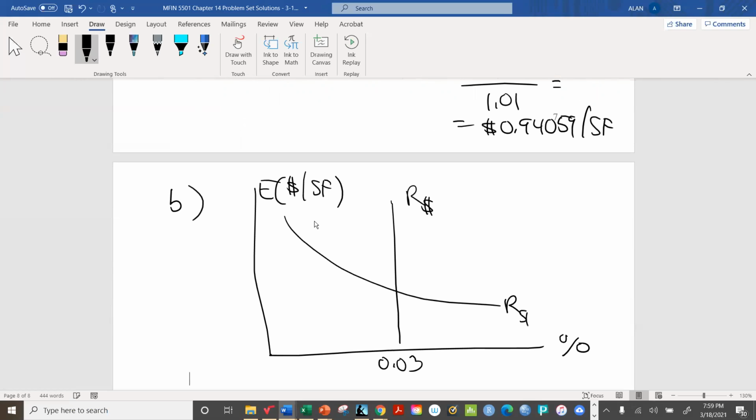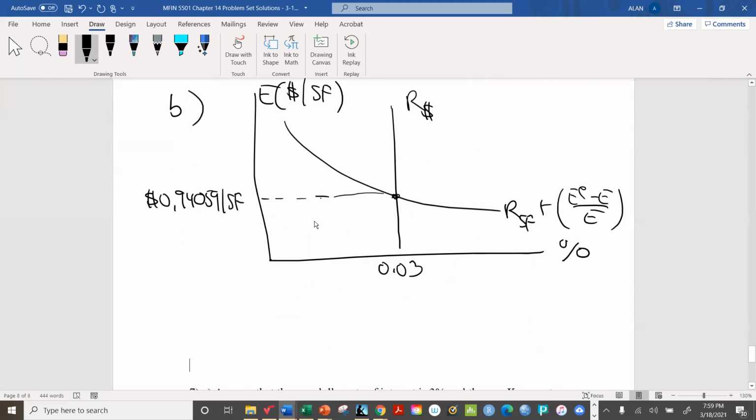Now here we have the Swiss franc rate plus the expected appreciation or depreciation. And where they cross, we have 0.94059 per Swiss franc.